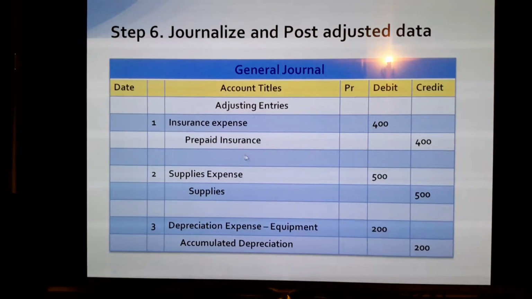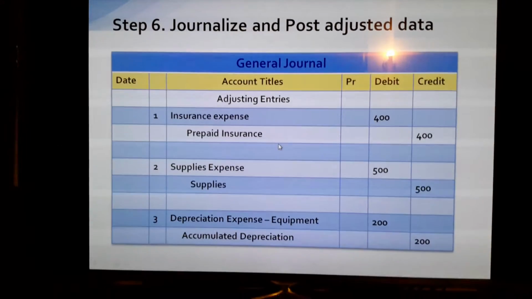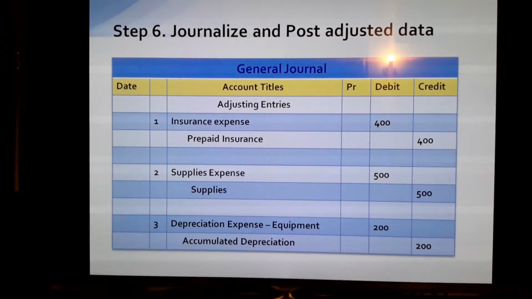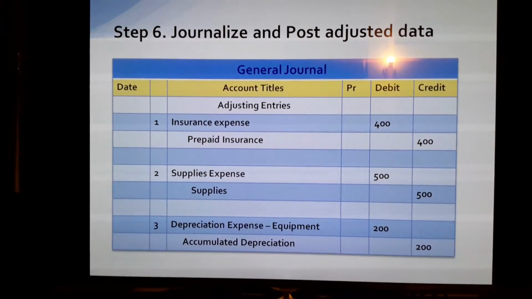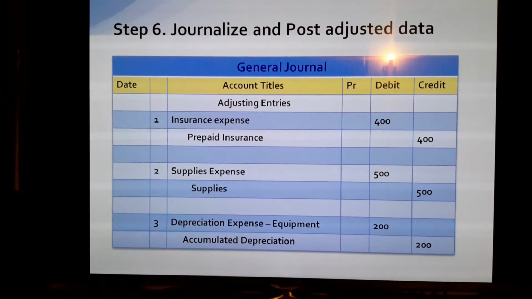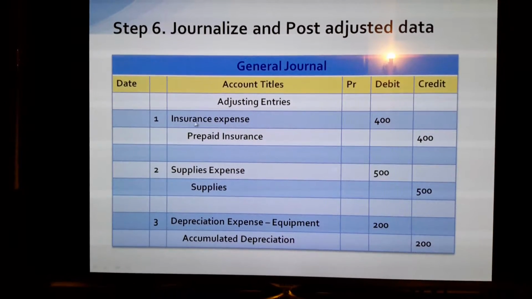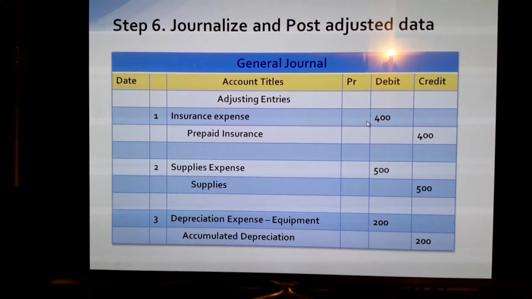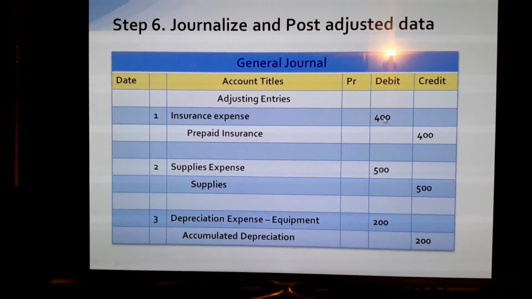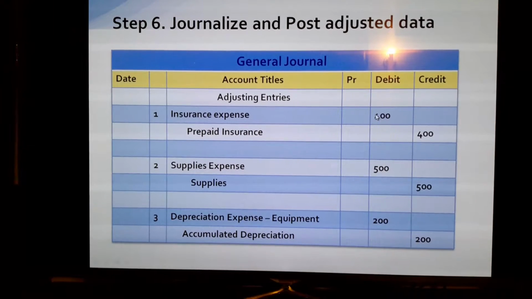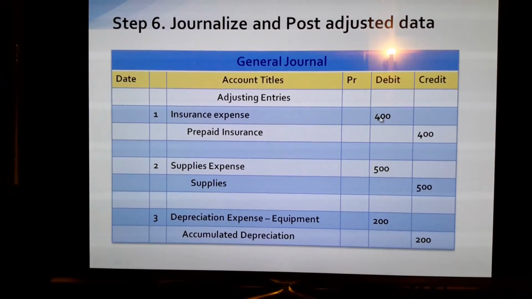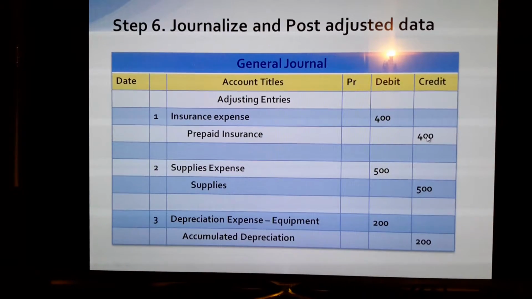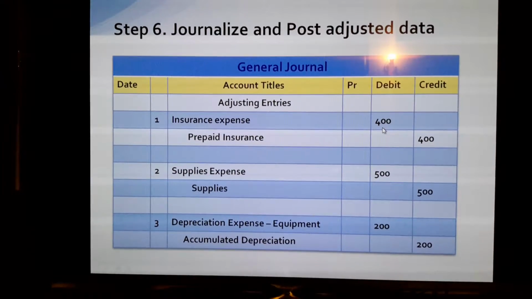And these adjusting journal entries are then posted back to the ledger accounts. Okay, I will show you how one of them is posted to the ledger account. So we said insurance expired 400, because the insurance was for 1,200 for 3 years. So for the year, we get 400 insurance used. So our prepaid insurance is now credited, which means we used it for the year.